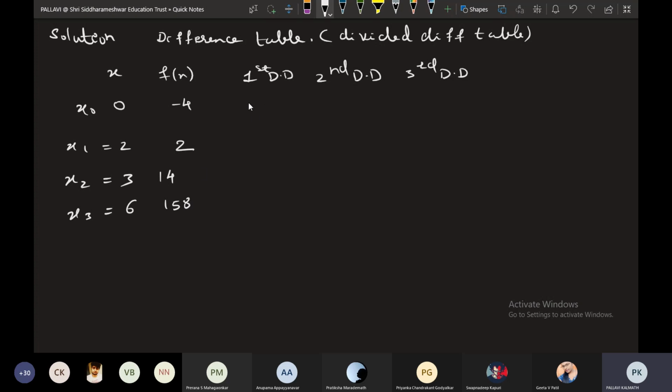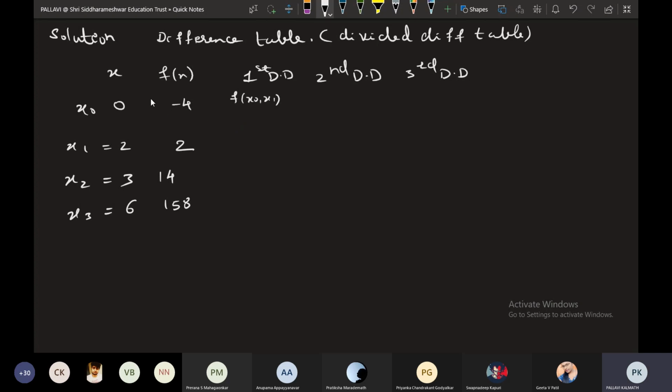Can anybody tell me what the first divided difference is? How do we denote it? It is denoted as f of x naught, x1, and according to the formula, what is it equal to?